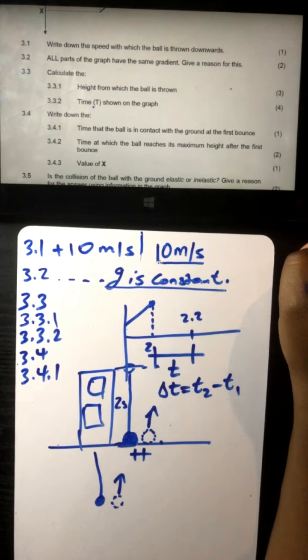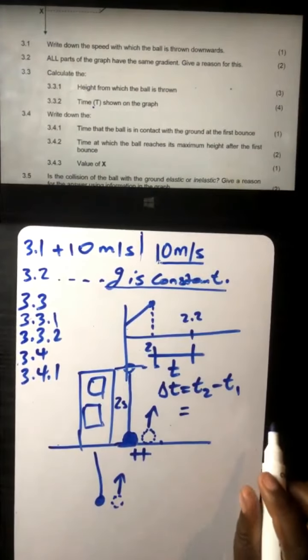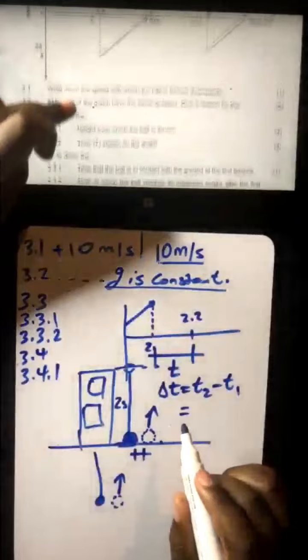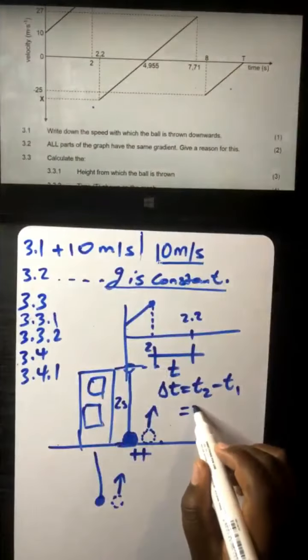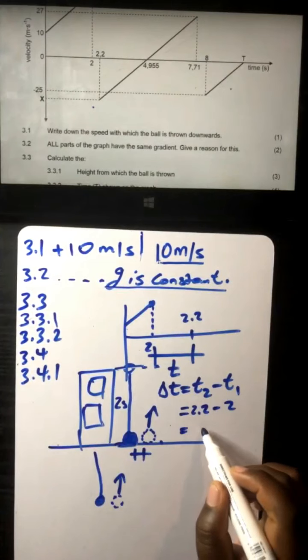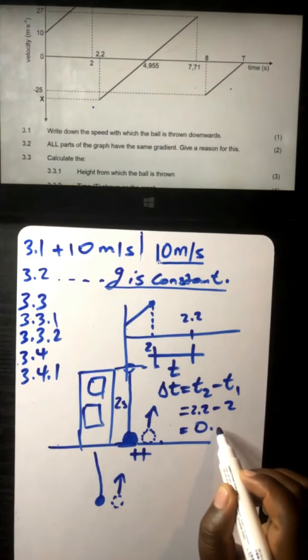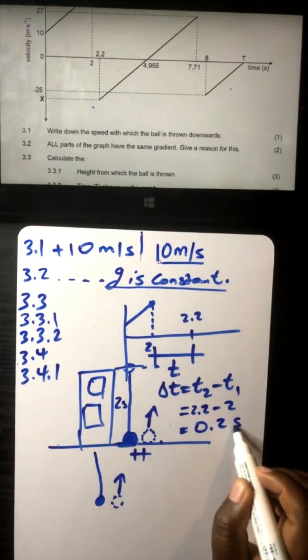Lerato, I think if there are no questions, it means it makes sense. So simply, it means t2 is 2.2 minus 2, which is equal to, what is it? Is it 0.2 seconds?